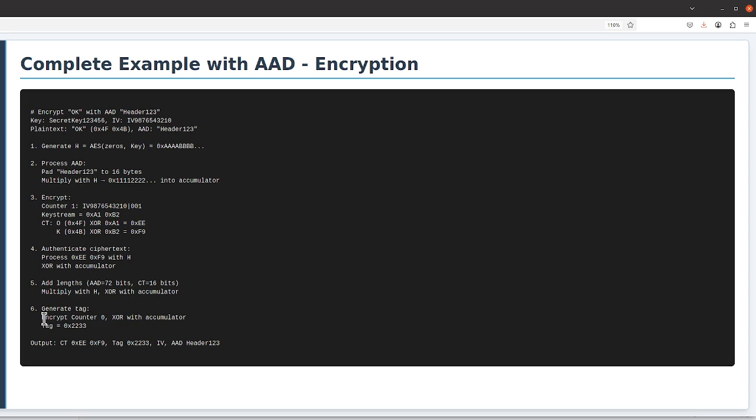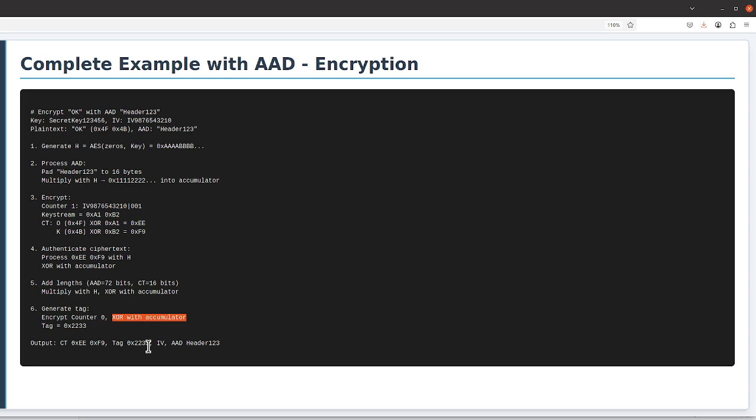Step 6. To generate the tag, we encrypt counter block 0, IV beginning with 98 and ending with 10, pipe 000, with AES and key, producing 0xFF...EE. We XOR with the accumulator. 0xDD...EE XOR 0xFF...EE equals 0x22...33.